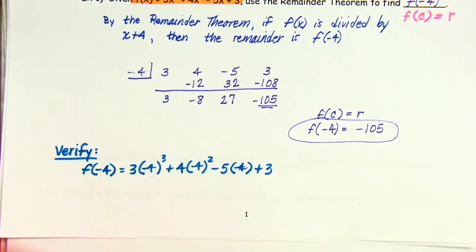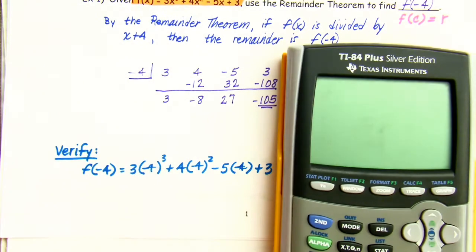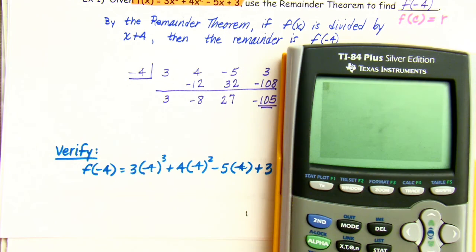And I could do this arithmetic on my calculator. You know, what's negative 4 cubed? 4 times 4, 16 times 4, 64. This is negative 64.